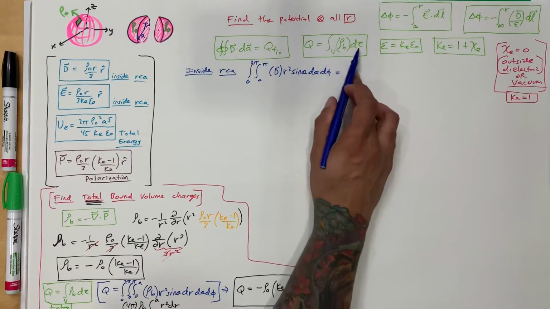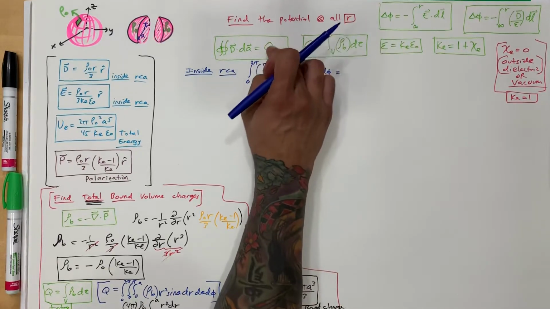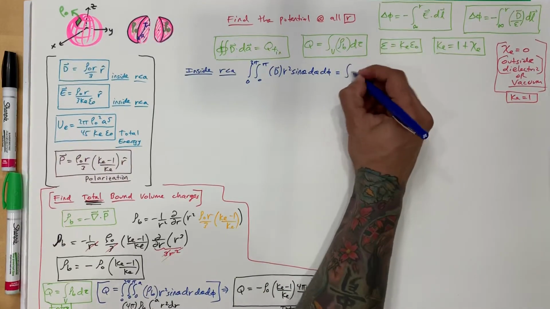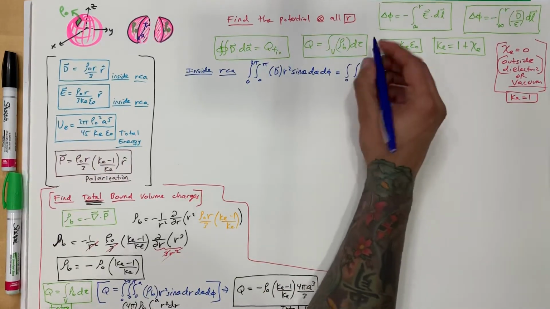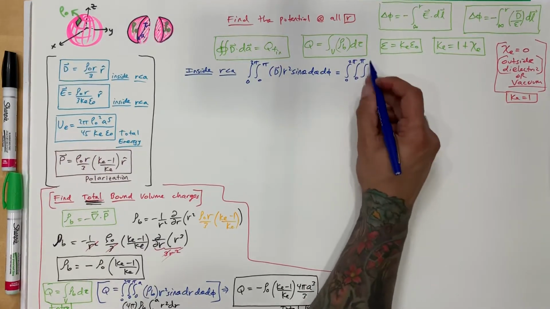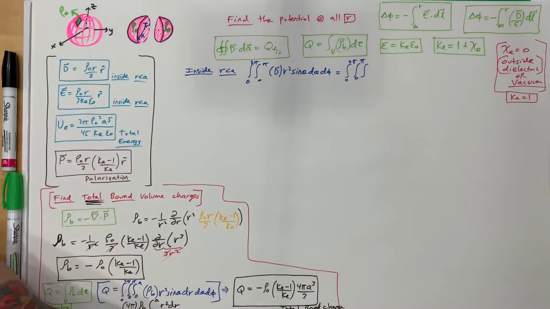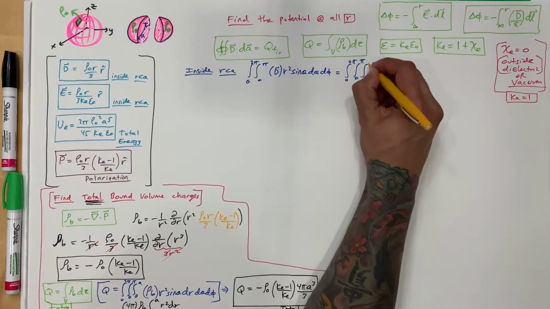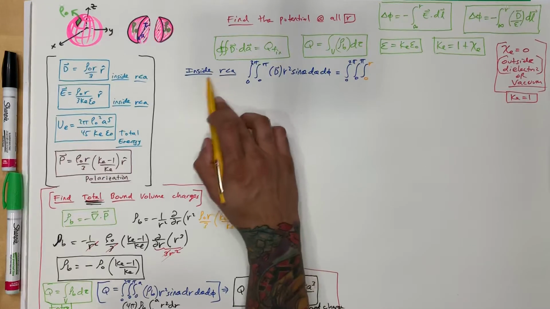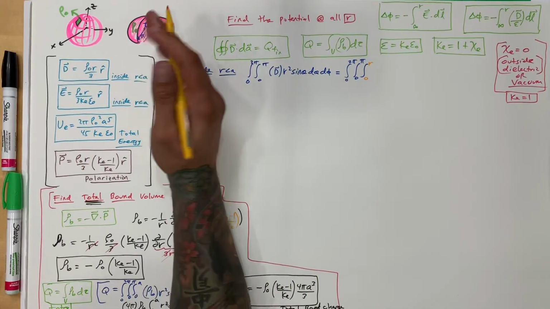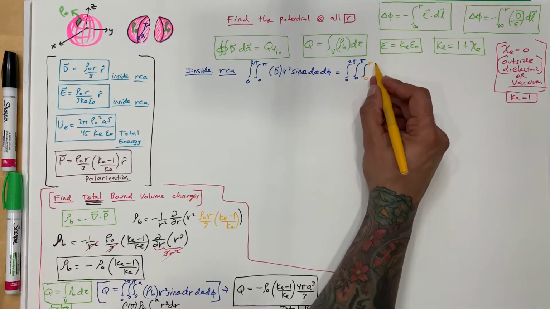We're already going to put it in integral form. We're going to represent Q as integrals, and we're going to get three integrals because it's the volume. 0 to 2 pi, 0 to pi, and here is always the integral that causes the most problems: 0 to r, because we're inside right now. So the distance that we're trying to cover is less than a. It goes all the way up to r.